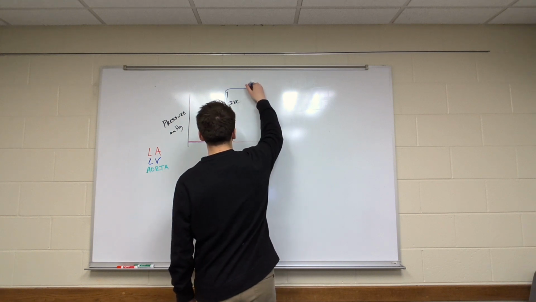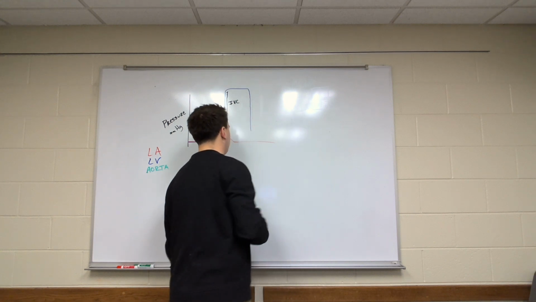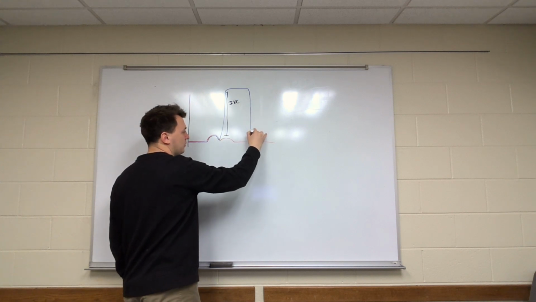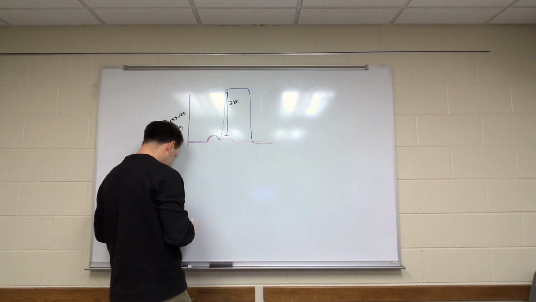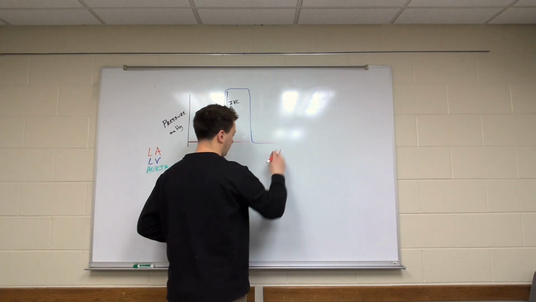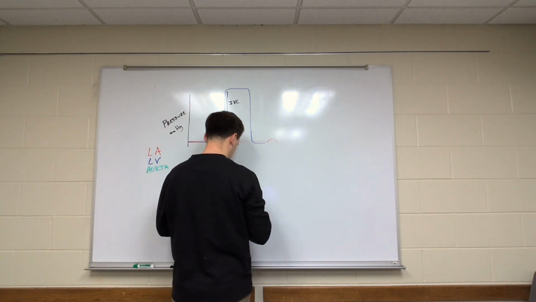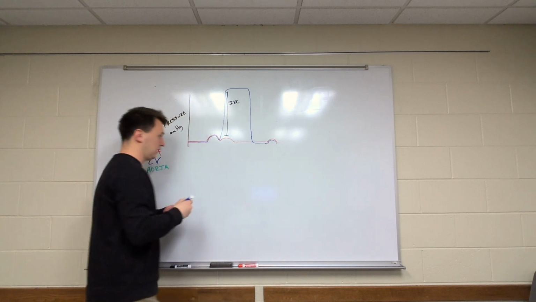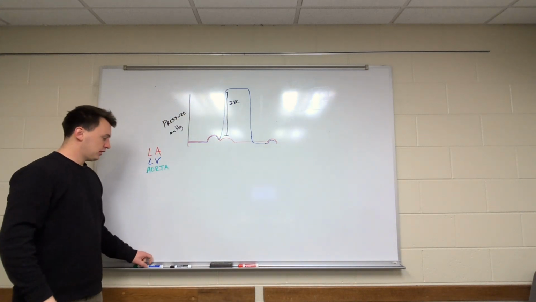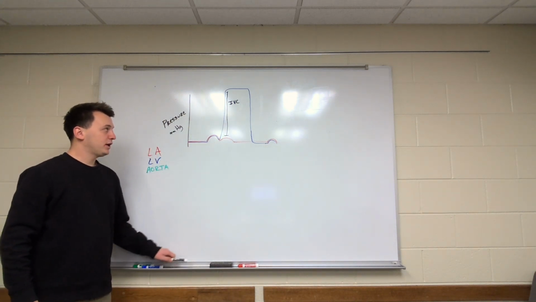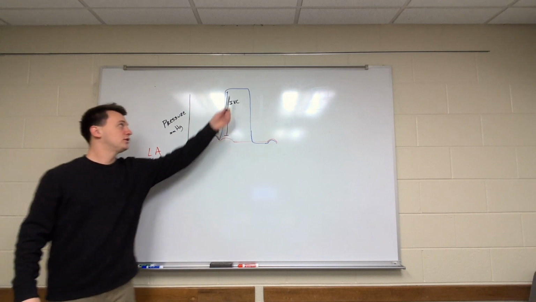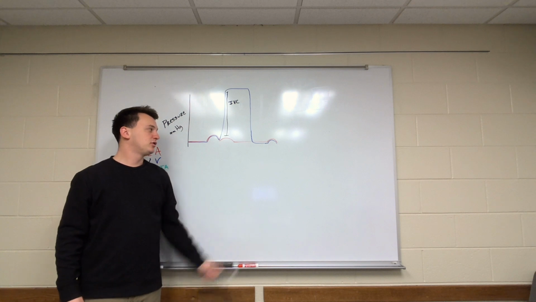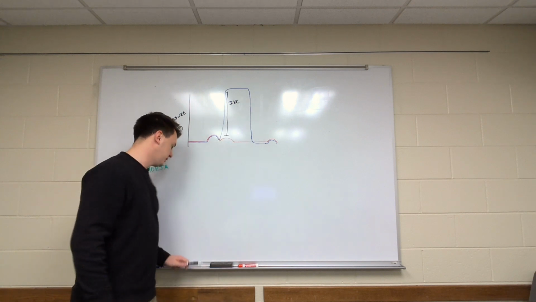So it shoots blood throughout the whole body, and we have a decrease in pressure because it's shooting blood out through the body, and then it goes like this. And then it all starts back up again, over and over and over again. So, isovolumic contraction, all the channels close, ventricle relaxes, blood gets shot out, and pressure decreases.